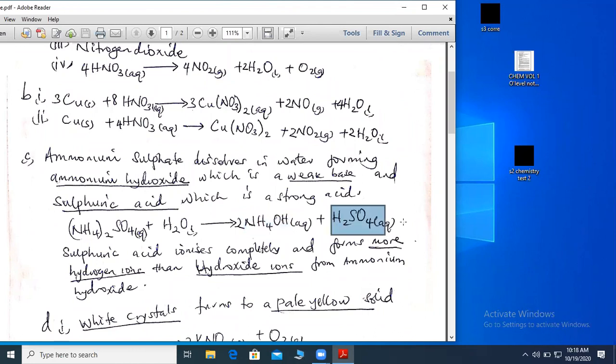And that's why the resultant solution is always acidic. So sulfuric acid ionizes completely and forms more hydrogen ions than hydroxide ions from ammonium hydroxide, which is a weak base. Is there anyone having a question on that part? It is important that you understand it, please.